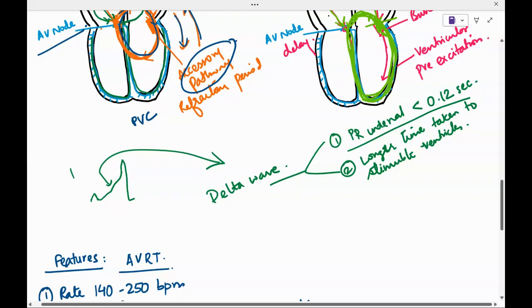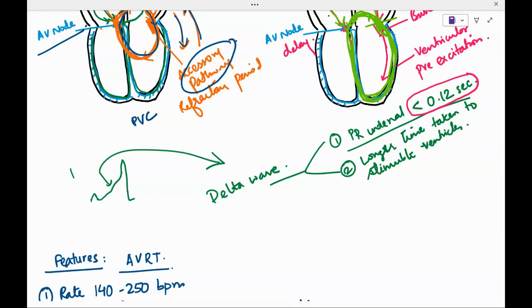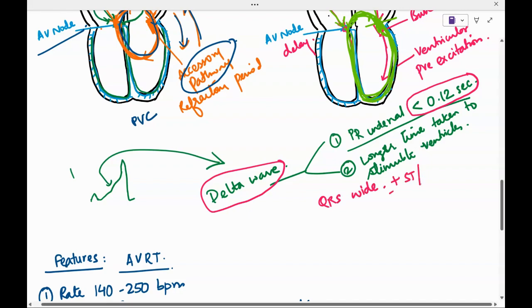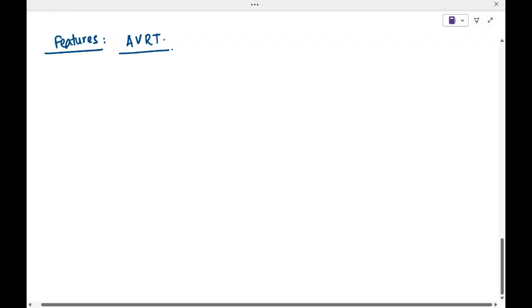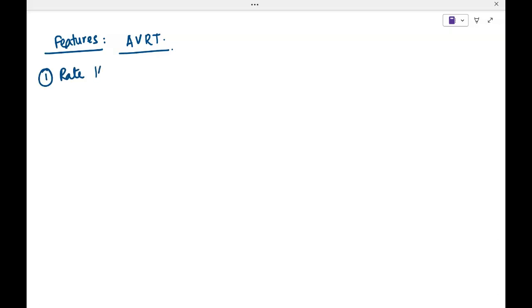So, what are the features of WPW syndrome? One is a short PR interval, less than 0.12 seconds. The QRS complex upstroke is slurred, that is the delta wave, and the QRS complex is wide with ST-T changes. Okay, so what are the features of AVRT? First of all, the rate is around 140 to 250 beats per minute.